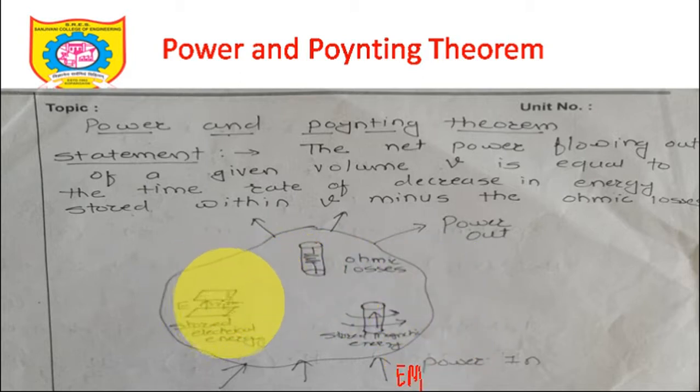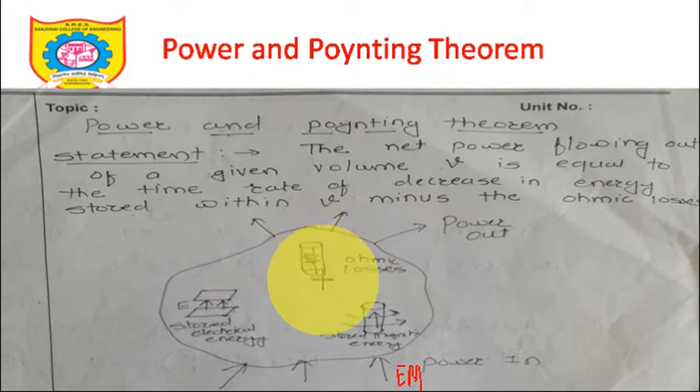Let's say the losses will be in terms of stored electrical energy. This means we have positively charged and negatively charged particles, so there will be an electric field associated with it. There are also conductors through which circulating current starts flowing, and once circulating current flows, there will be magnetostatic energy stored in it.